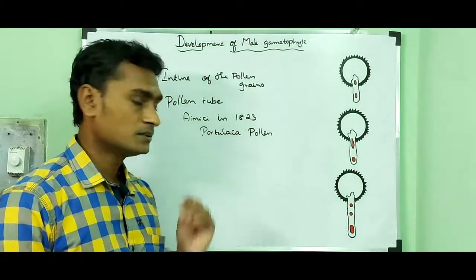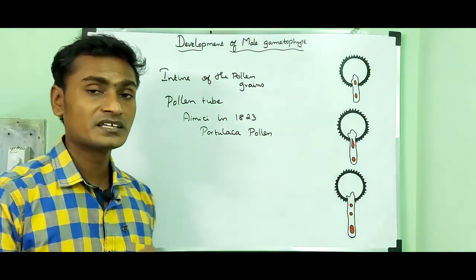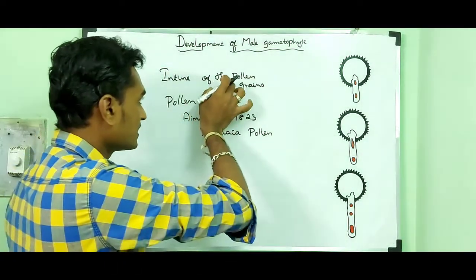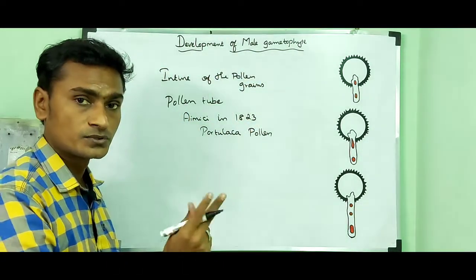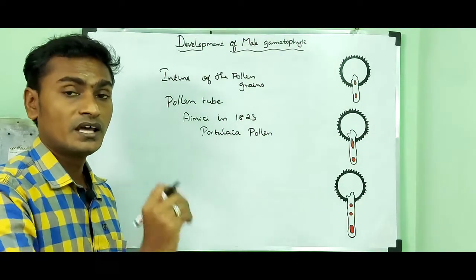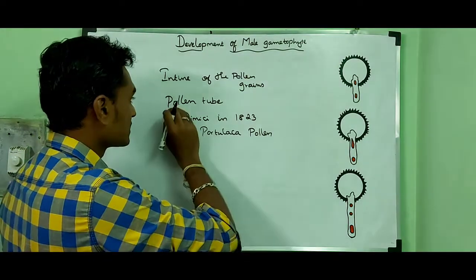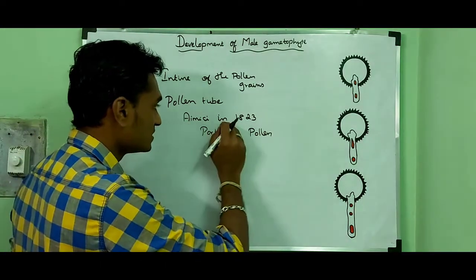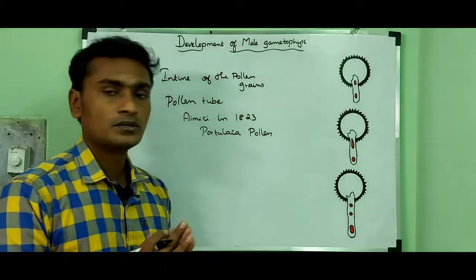In Portulaca pollen. So a delicate tubular structure called pollen tube: the intine of the pollen grain protrudes through one germ pore and forms a delicate structure called pollen tube, and it was first discovered by Amici in 1823 in Portulaca pollen.